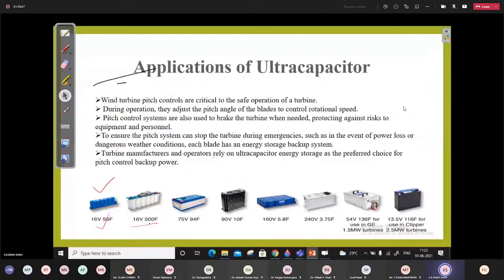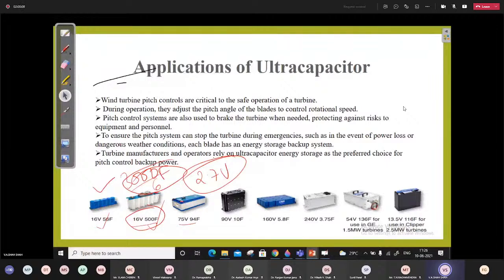So depending on the single unit capacitance value, you can have different ratings. Their voltage ratings are always 2.7 volt, but the capacitance value will vary depending on what type of supercapacitor cell you are selecting.